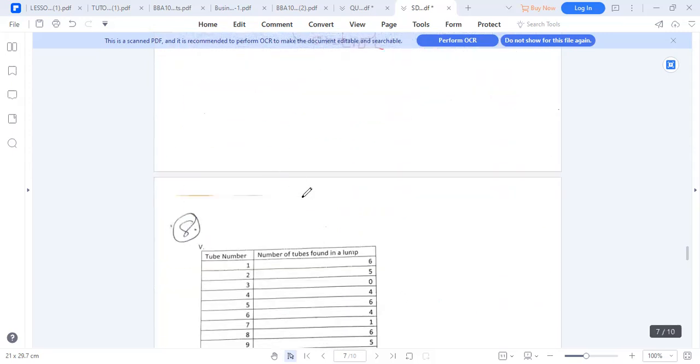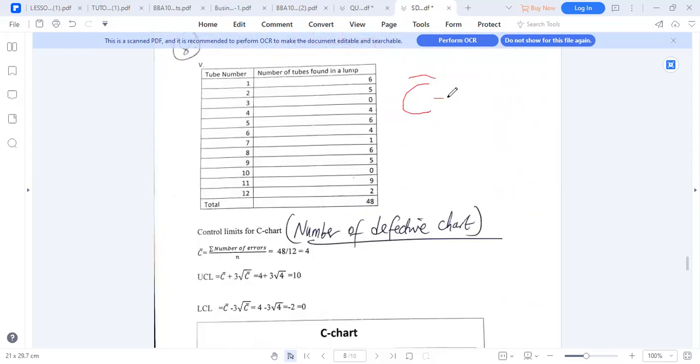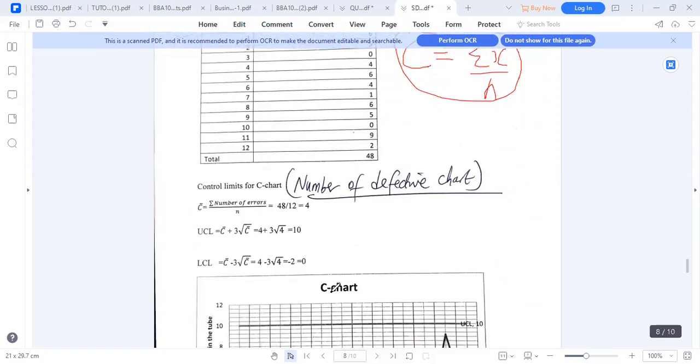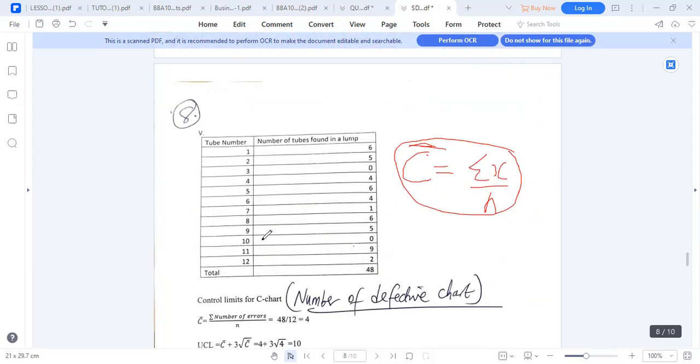This is just about what goes on as we look at the control charts. Next is the number of defects chart, which is the C chart. C bar is the center line, the summation of X over N. So concerning the C chart, the values are 4, then going down to all these up to 12.